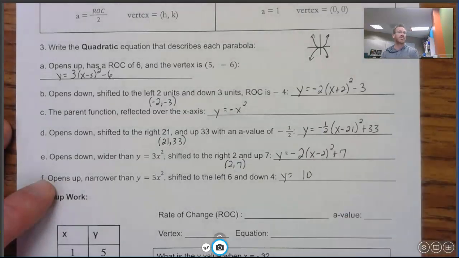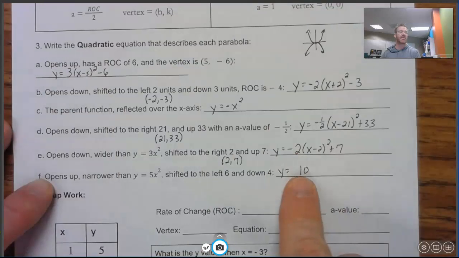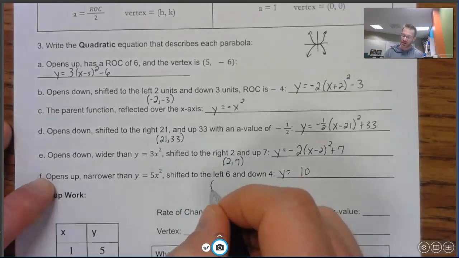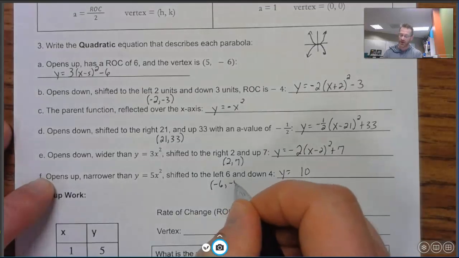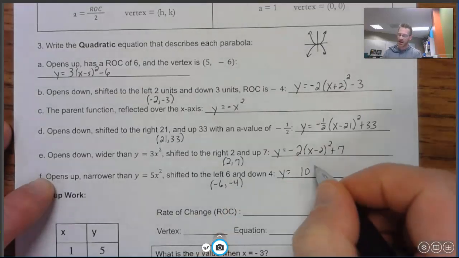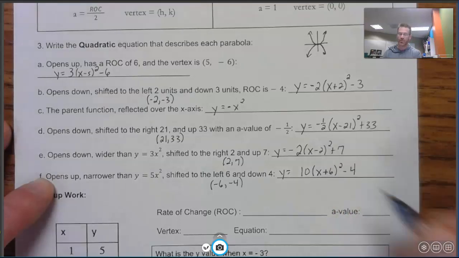So that's going to increase a lot faster to be a lot narrower. Now I want it to open up. So I want this new a value to be positive, which it already is. So I'm good. And now I have to find my vertex. So shift it to the left 6. That means -6 for my x, down 4 means -4 for my y. And now I can plug that in, x minus -6 and then -4.